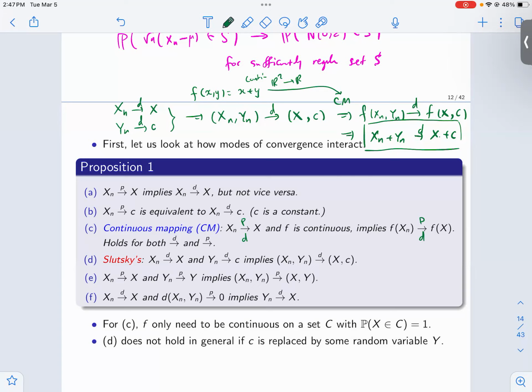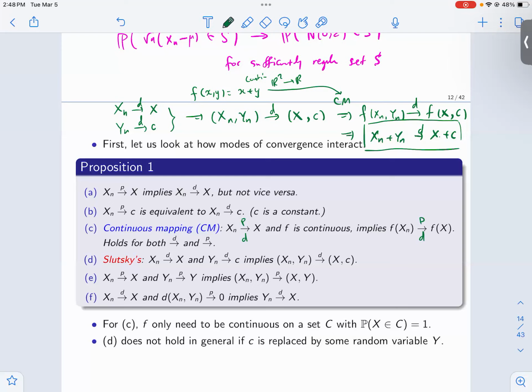I'm going to state the result in the next slide more formally. Is that clear? This is a very useful result. Oftentimes these consequences are called Slutsky's lemma, so you see people apply Slutsky's result. This allows me to basically replace things with their limits: Xn plus Yn, or just replace Xn with its limit, and I'm happy. Sounds good, so we'll see this in action.